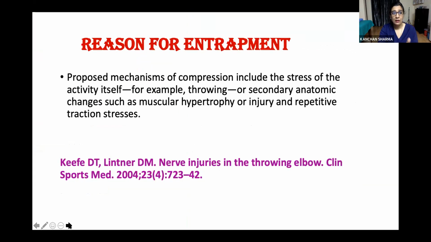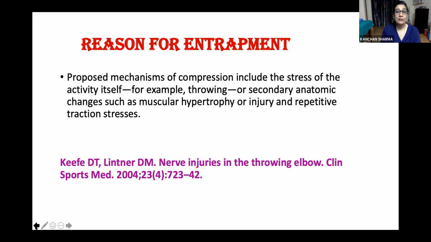But if you see why we are calling it entrapment of the deep branch of the radial nerve: the PIN, that is posterior interosseous nerve, is the nerve which supplies the extensor muscles of the posterior compartment, and they cause the extension of the wrist and the fingers. Now, what happens if you have a pathology of your posterior interosseous nerve?